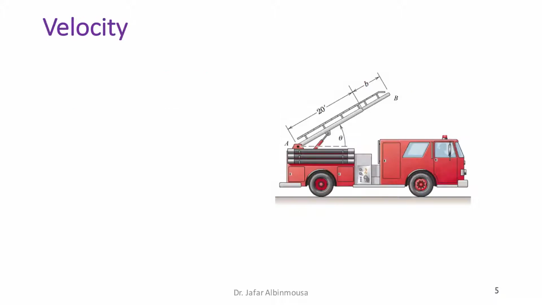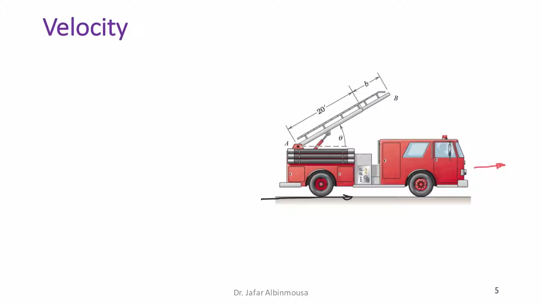So to establish the relation for velocity, let's consider this example where we have this fire truck, which is translating to the right, so it's moving to the right, and at the same time, this angle theta is increasing. Now, we need to establish our fixed coordinate system.